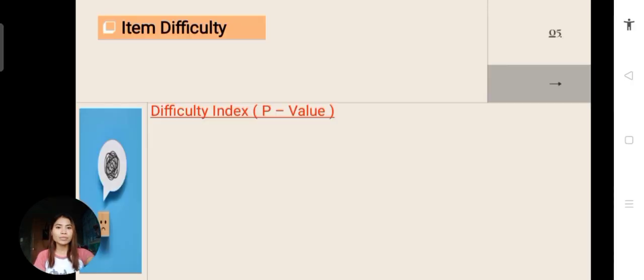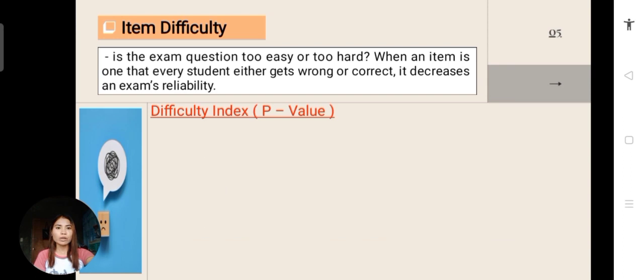So, item difficulty. Is the exam question too easy or too hard? When an item is one that every student either gets wrong or correct, it decreases an exam's reliability. So, it is the percentage of students taking the test who answered the item correctly; the larger the percentage getting an item right, the easier the item.